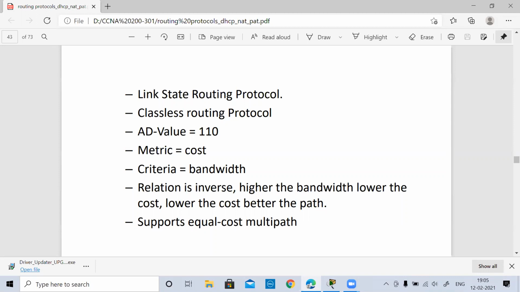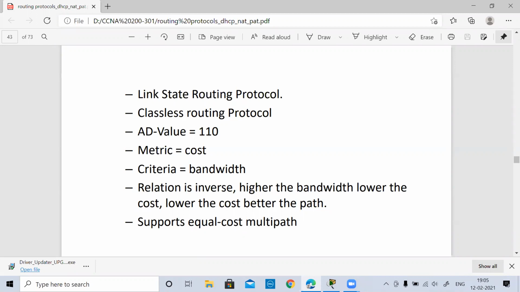If you have costs that are equal, then you can make use of the equal cost multipath feature, so you can put traffic on both routes. Maximum you can have four equal cost multipath, and in some routers, depending on the version of your IOS.